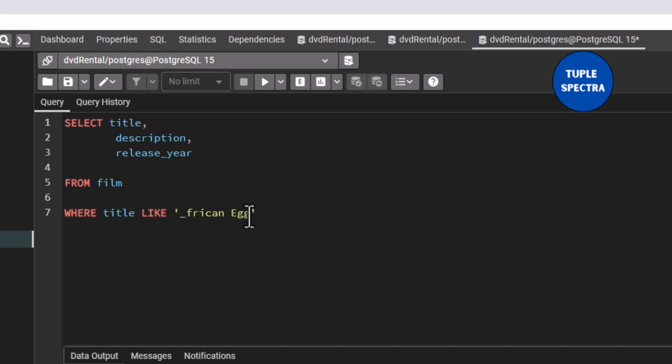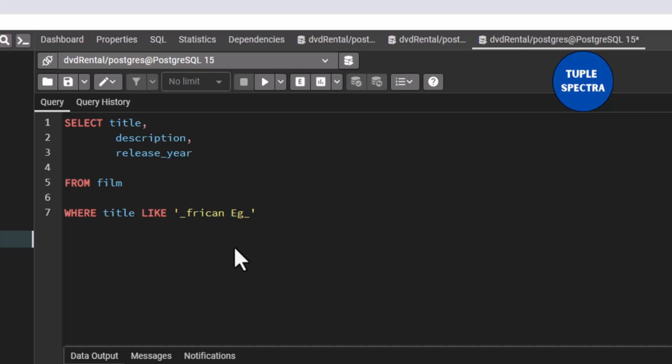What about, let's say you take out this G and you put another underscore right here. What do you think you are trying to do? You want to match this pattern that there is a character, then you have African, you have a space, you have EG, then you have another character.